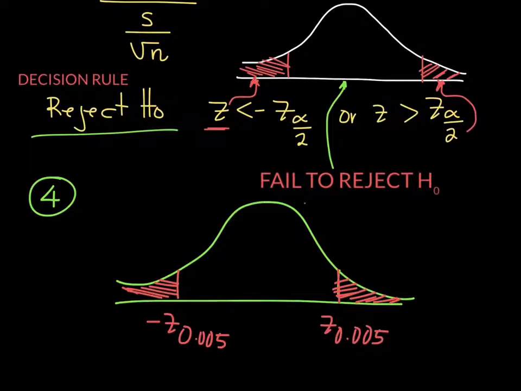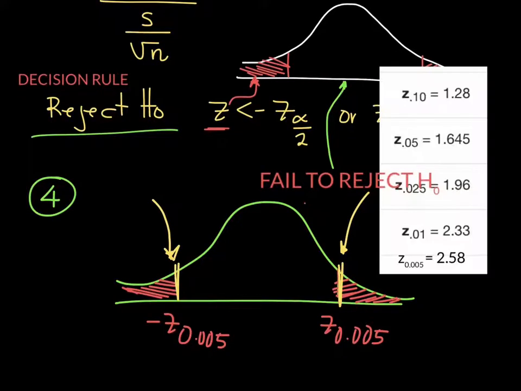Now in this step, you need to know the critical numbers. The critical numbers are the boundaries of the critical regions, and you should have this list ready. So we refer to our list of z values.